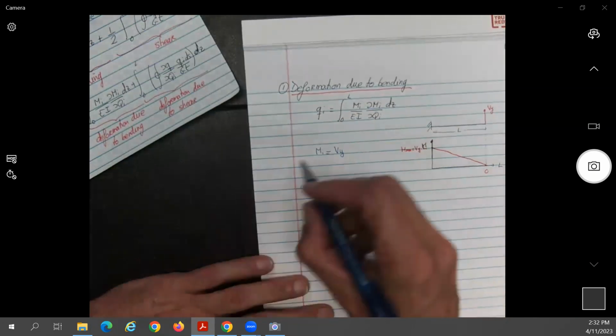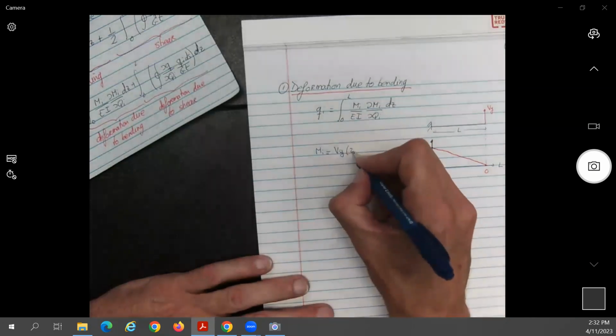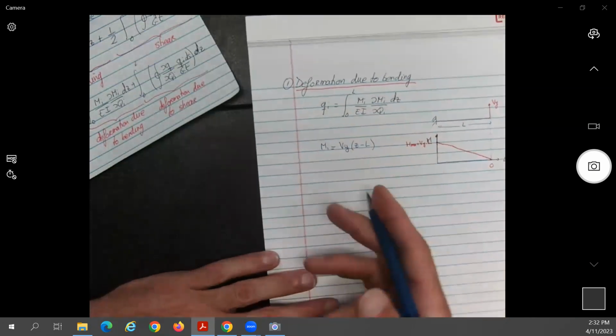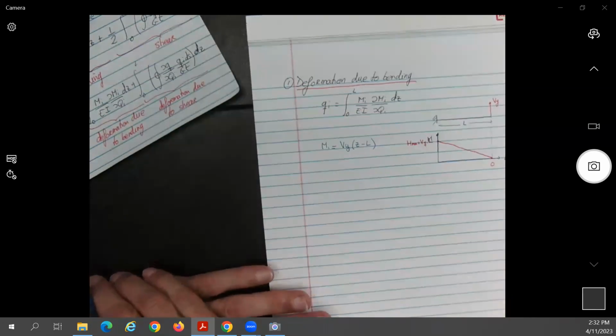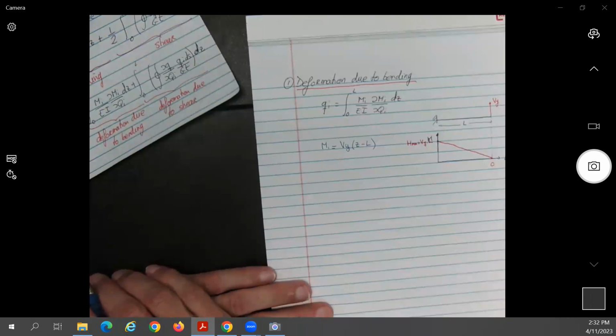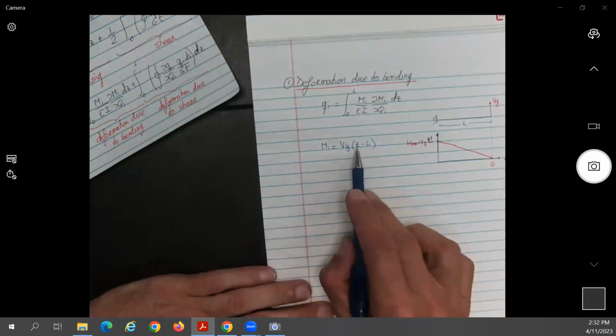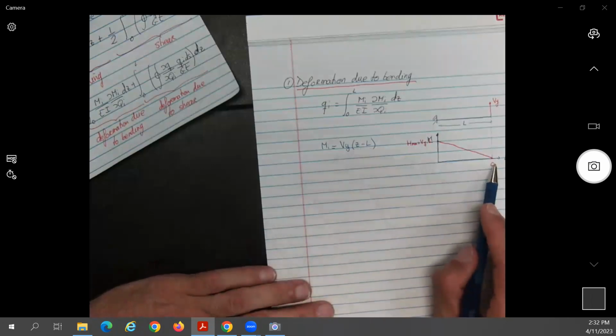So can I write the moment equation as Vy times Z minus L? If you need me to show you how to do it, I can, okay? But if it's okay, I'll do it this way. So at L, what would be the moment? L minus L, 0, no?